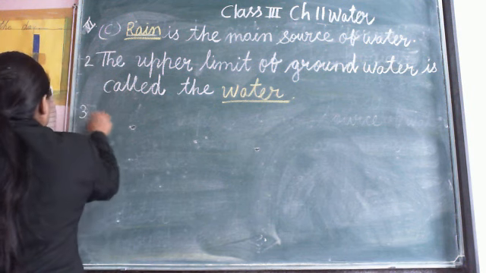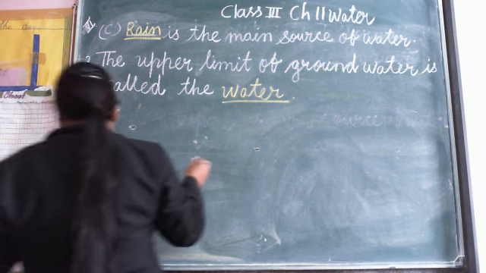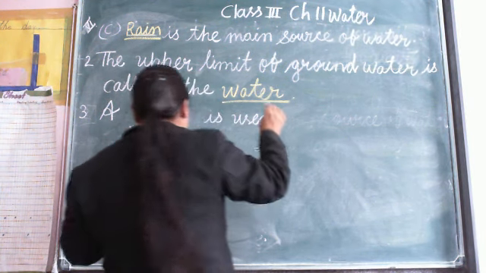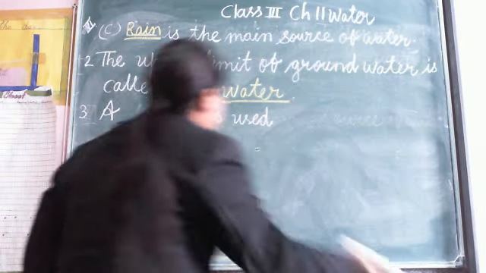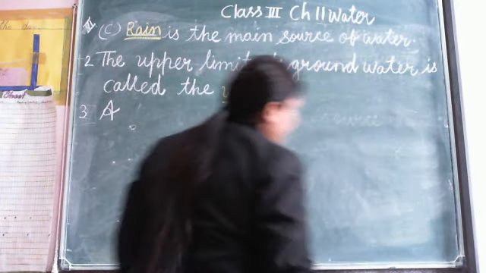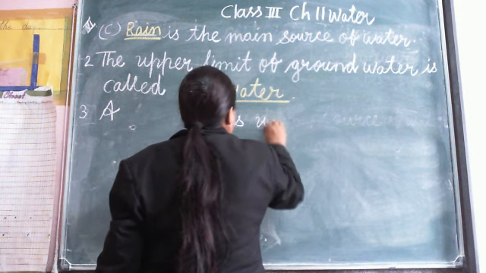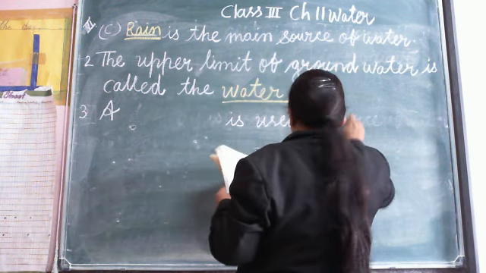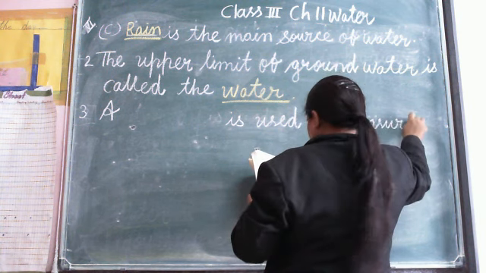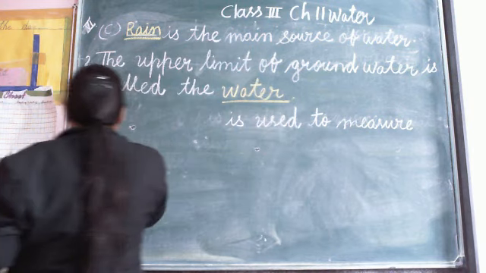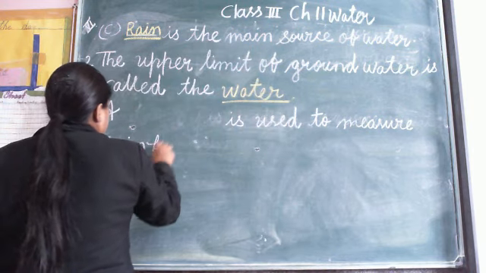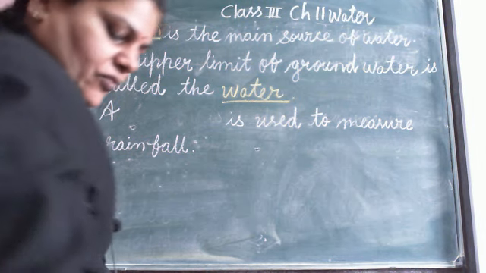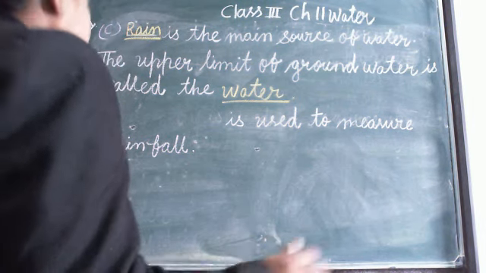नंबर 3, a dash is used to measure rainfall. It is asked in the question that what kinds of equipments we human beings are using to measure the rainfall.